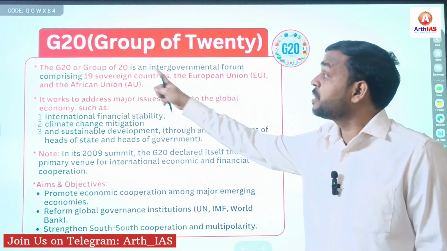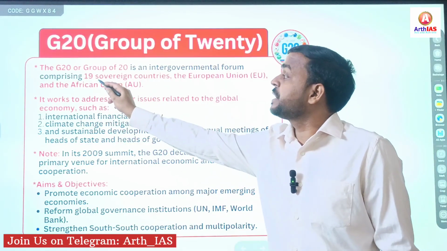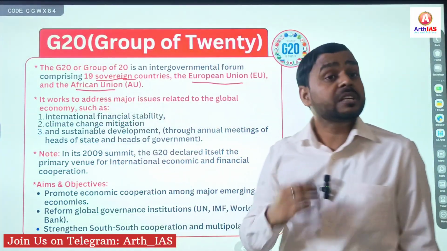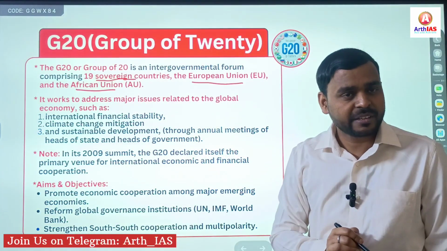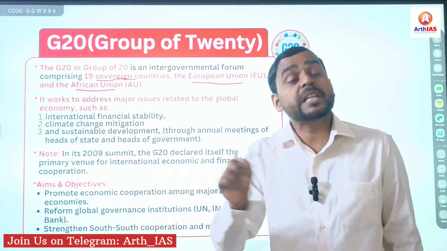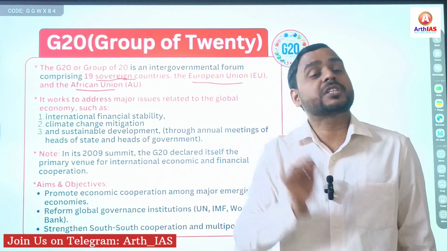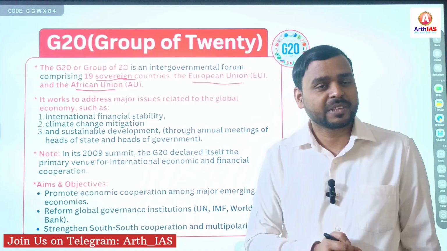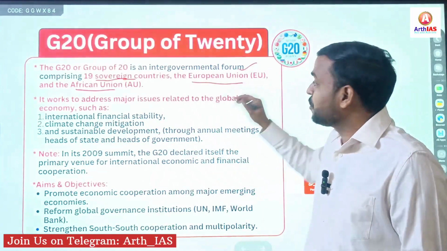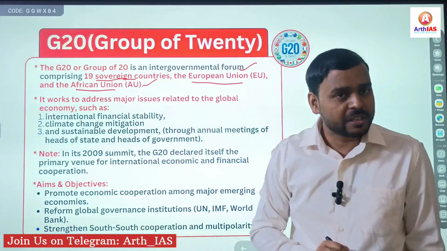So if a statement comes that G20 includes 20 sovereign countries, cross that option. It includes 19 sovereign countries plus the European Union plus the African Union.